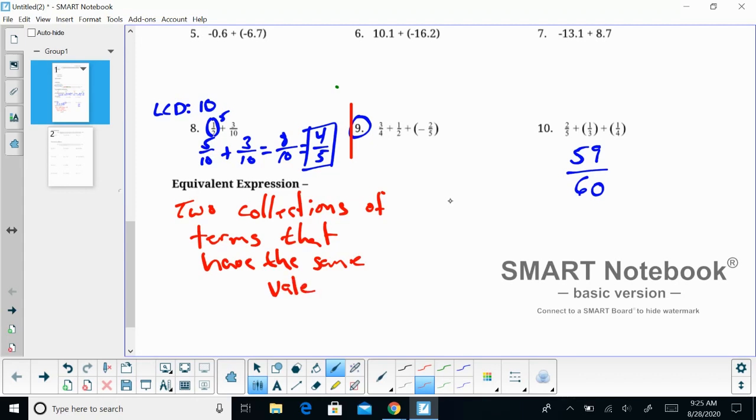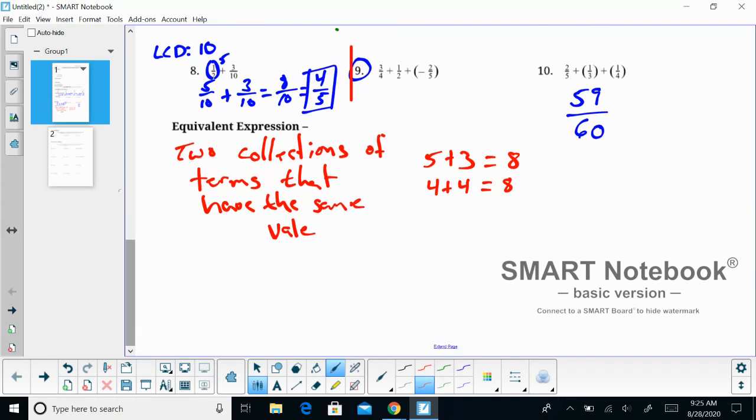Okay, so let's say that I have 5 plus 3. 5 plus 3, if we were to add that, 5, 6, 7, that would be 8. So an equivalent expression would be 8. What if I had 4 plus 4? Well, 4 plus 4 is also 8, so I know an equivalent expression there would be 8.